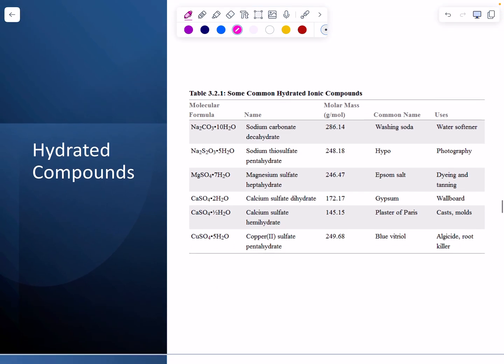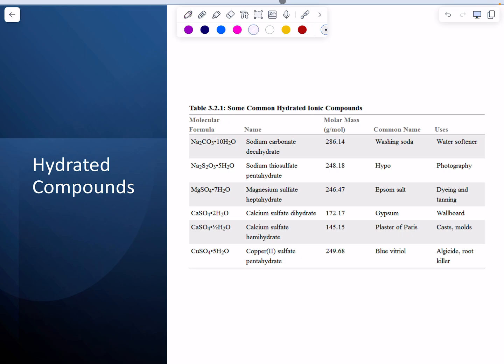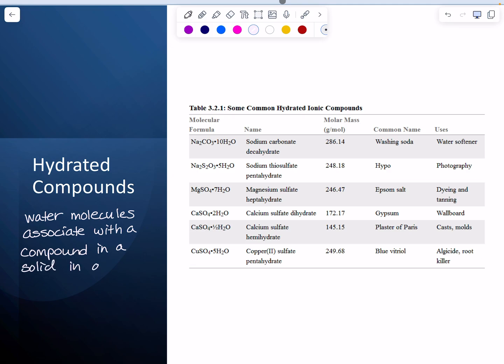Hydrated compounds are those compounds where there's a chemical, and when it's in its crystalline, solid state, water molecules associate with that compound in a fixed ratio.